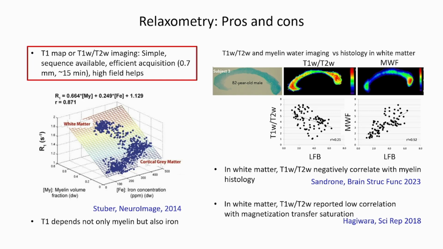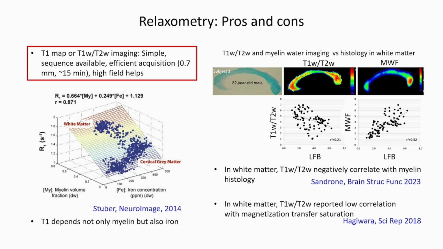So this particular study utilized the corpus callosum, stained with Luxol Fast Blue, and did the correlation between the Luxol Fast Blue and the T1 over T2 ratio. If this ratio reports the myelination consistently across the white matter and gray matter, then even in the white matter you may see a positive correlation, but the result is negatively correlated, which is a little bit worrisome.